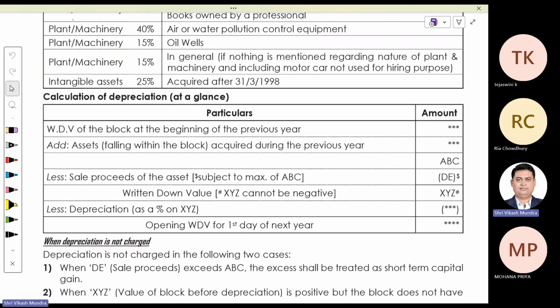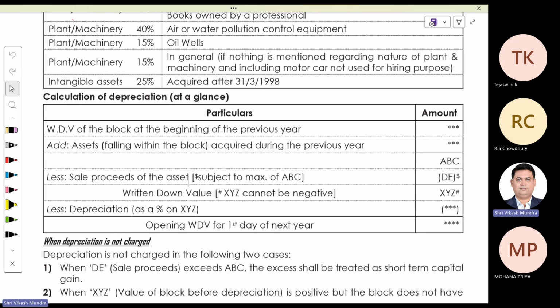Depending on two factors: rate of depreciation and nature of assets. If the nature of assets and rate of depreciation are the same for a particular asset, then that asset will fall into a particular block, and we calculate depreciation on the block value, not on individual asset value.